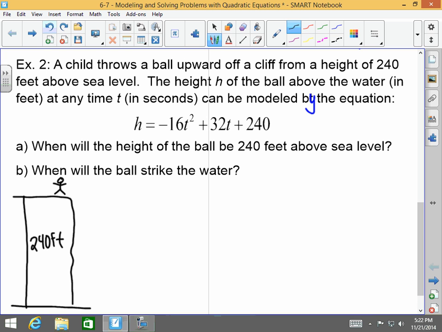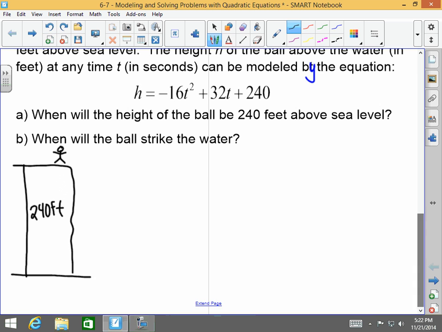Not good either, but it is what it is. He throws the ball, and the ball is going to go up, and then it's going to splash into the water. Remember what we were talking about when I taught you how to solve quadratic equations.